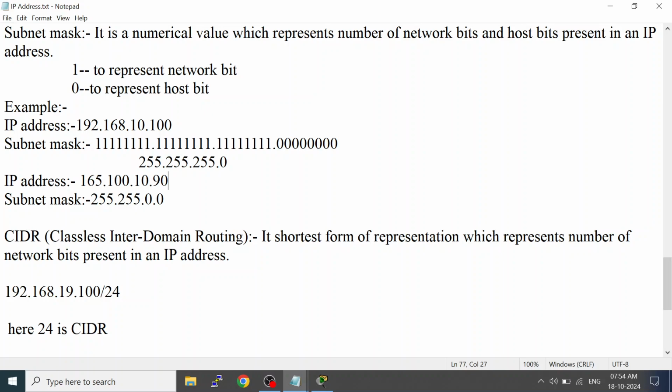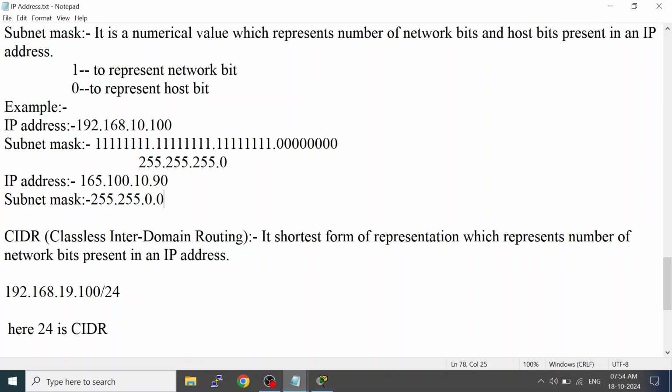Is it clear? Next is CIDR. When we write a normal IP address, just by seeing it we can say this much network, this much host. But when you have done subnetting, you have changed the order. So how will you know how many bits are network and host? And when you write the subnet mask, again we have to calculate and count. To avoid all this, we use CIDR. CIDR is the shortest form of representation, which shows how many bits are network.